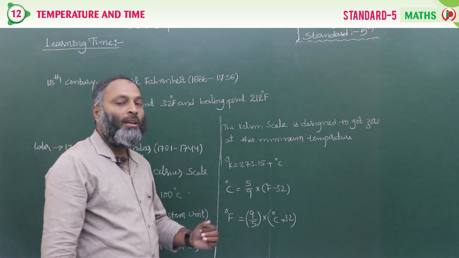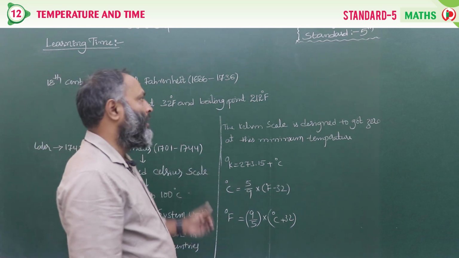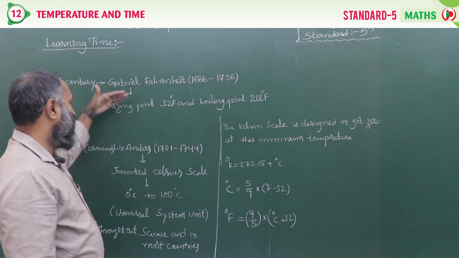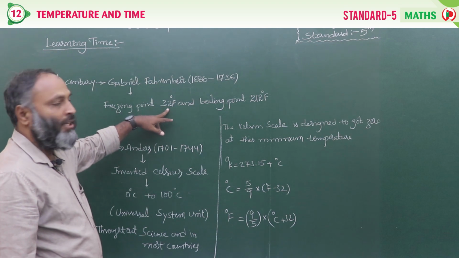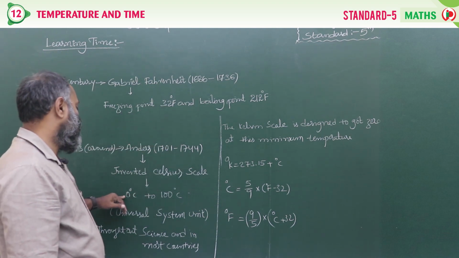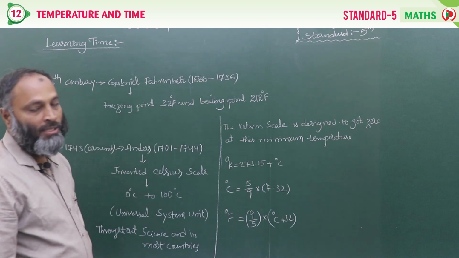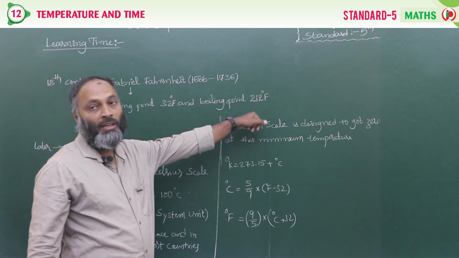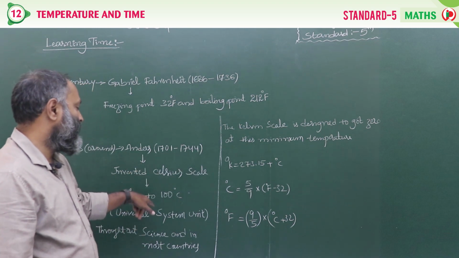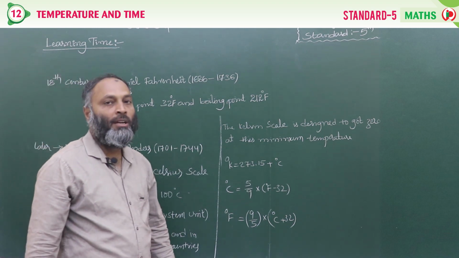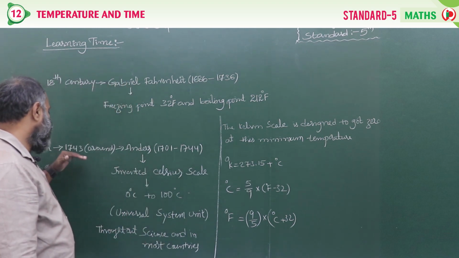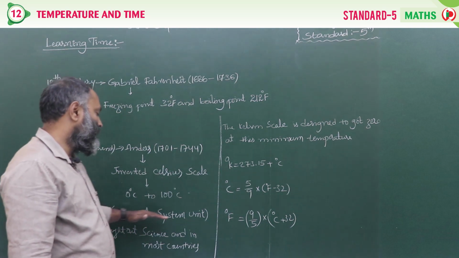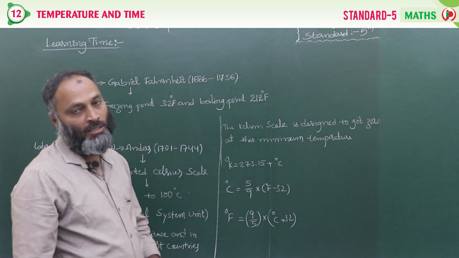If we compare both, the freezing point is 32 degrees Fahrenheit in the Fahrenheit scale and 0 degrees Celsius in the Celsius scale, and the boiling point is 212 degrees Fahrenheit in the Fahrenheit scale and 100 degrees Celsius in the Celsius scale.